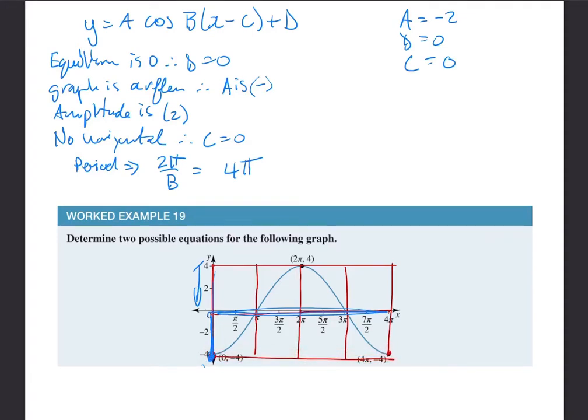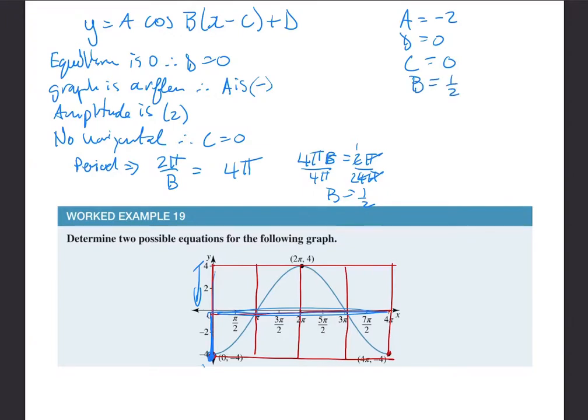I'm going to cross multiply: 4 pi B equals 2 pi. I'm going to divide by 4 pi on both sides. So B will equal, pi's cancel, 2 over 4, B is a half.